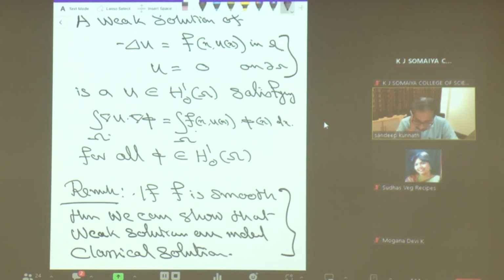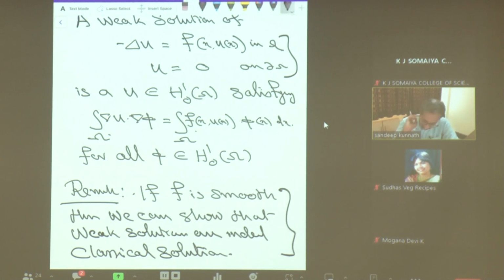So if we can somehow show that there is a weak solution, then that weak solution is going to be a classical solution. That is the main thing we can do.